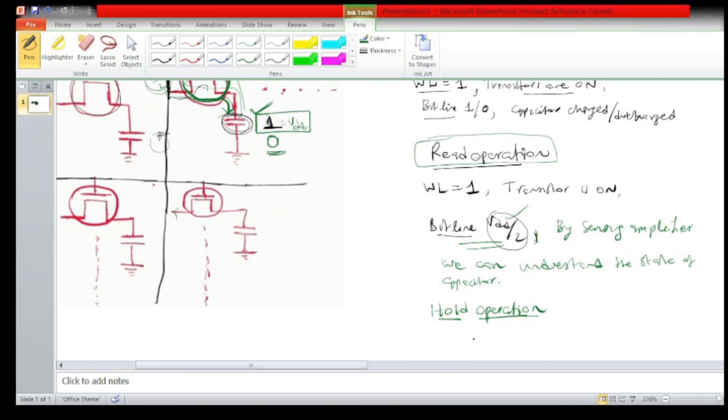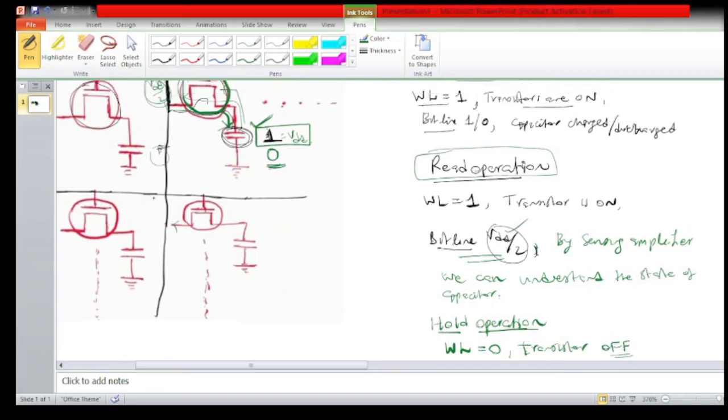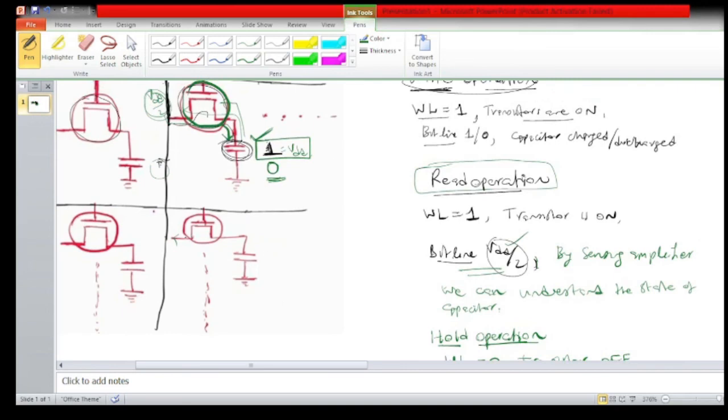In this case we are considering the word line equal to 0, which means that the transistor is off. So the bit line cannot be connected directly to this capacitor, right?